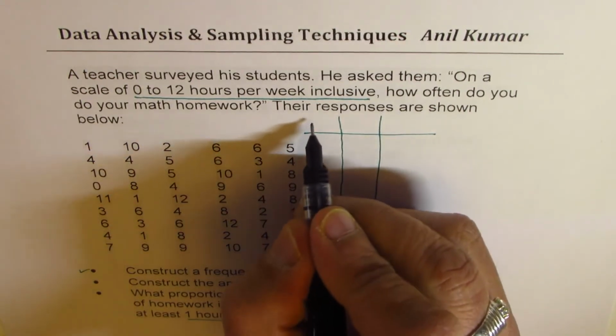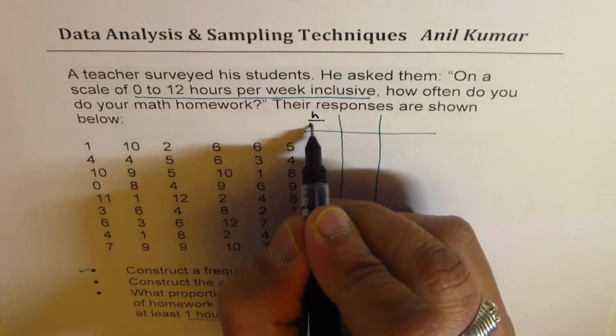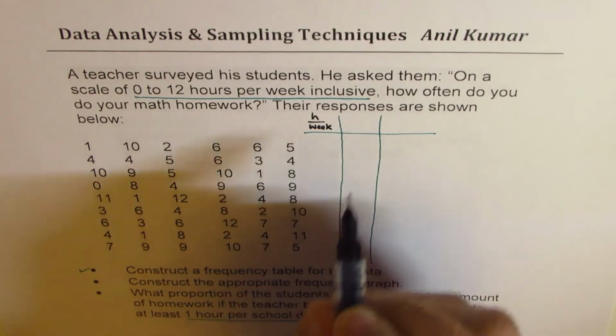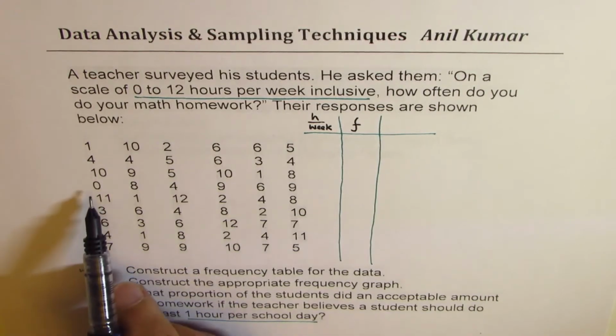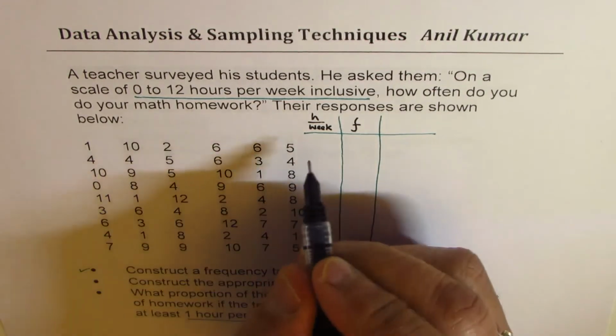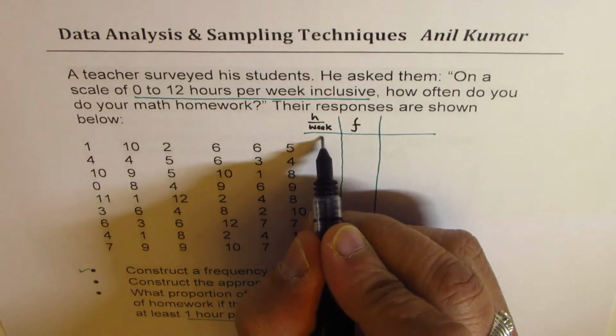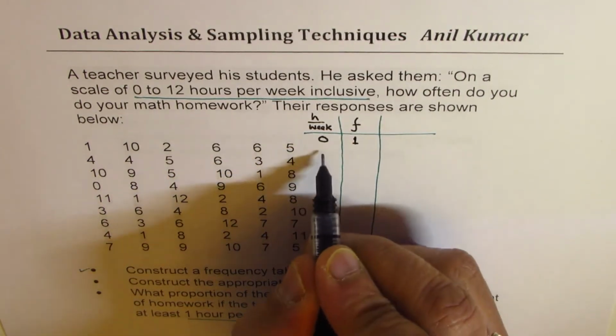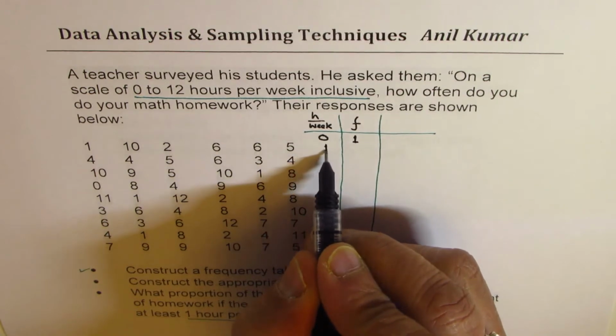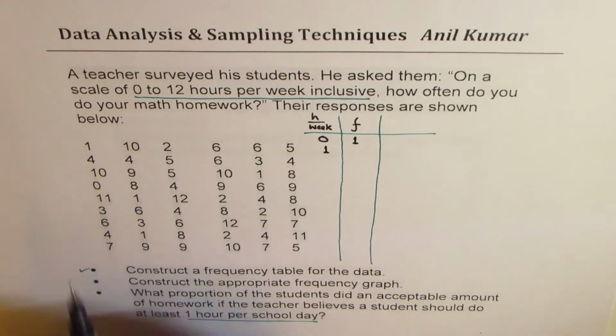So here we are counting hours per week, right? And here we'll write the frequency straight away. So the lowest value is 0, the highest is 12. If it is 0, then we have 1. If it is 1 hour per week, then let's count the number of ones here. That's the whole idea. So what you have to do here is basically count.